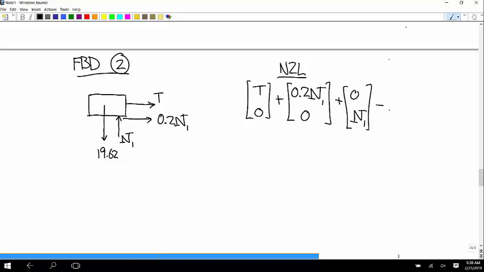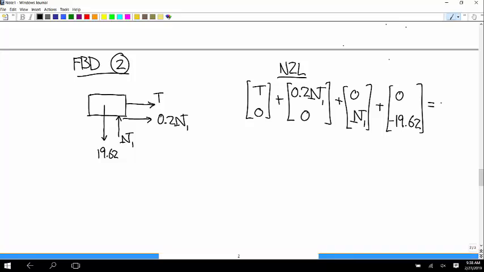The weight force is in the negative y direction, 0, negative 19.62. And that's the left side of Newton's second law, everything that's represented in the free body diagram. That's equal to the mass times the acceleration.